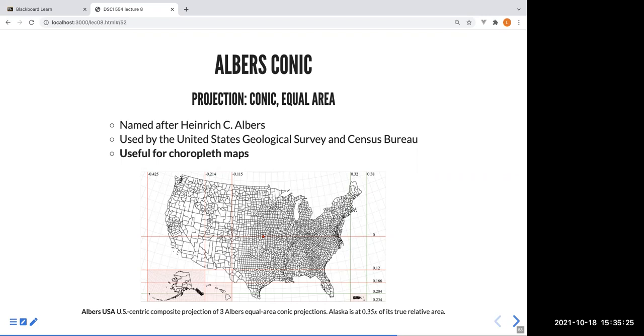This is what is called a composite projection that is using 3 different parameterized versions of this Albers conic. This is usually available, we're going to see with different tools. You can get it as one projection that you can just use as is.